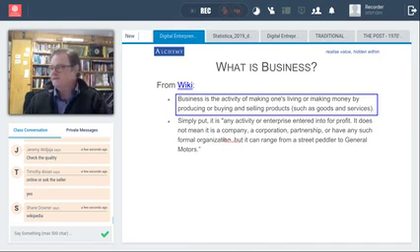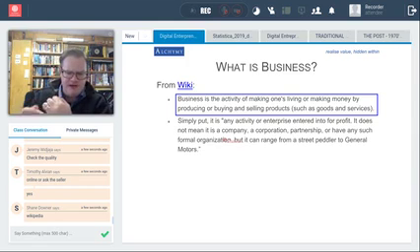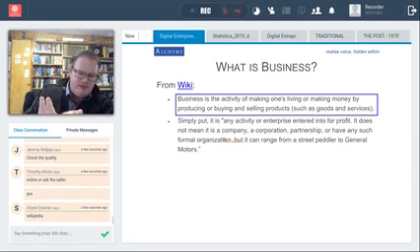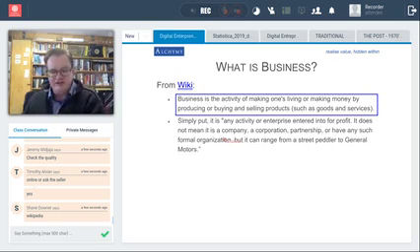Now, it does not mean necessarily a company or a big multinational or a utility or a partnership or a sole trader or a guy in the street with a mirror and a chair. It can range through everything. It's that idea that it's an activity or enterprise entered into for profit. And everything else then is how do we do it better? That's it. That's what business is.